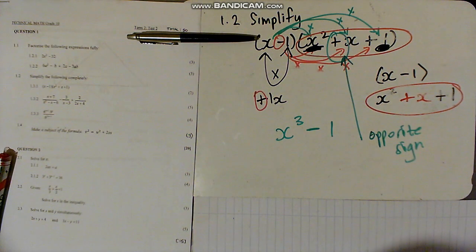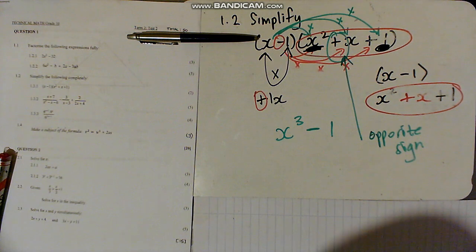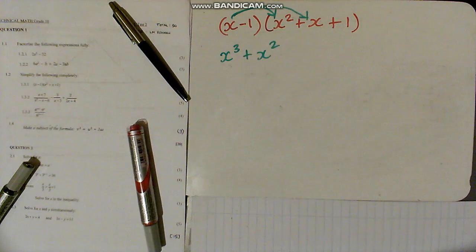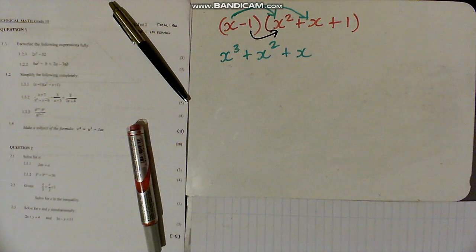Right, so you might be confused after all of this. How about you multiply it all out and see if you can get that answer, x cubed minus 1. X times x squared will give us x cubed. X times x will give us positive x squared. X times 1 will give us plus x. Minus 1 times x squared will give us minus x squared.